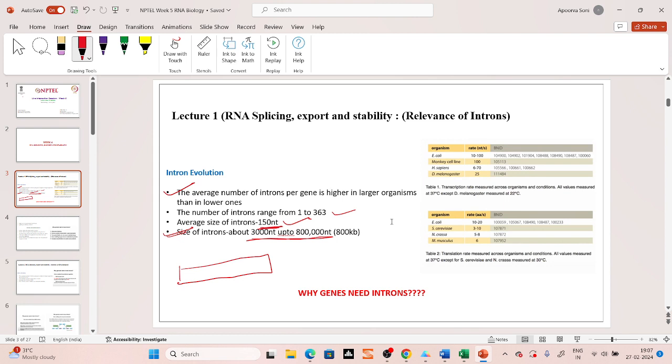But the question that comes here is, only because of increasing the expressivity, and that too in vitro, why then does a gene need to carry introns? We have already discussed this point.